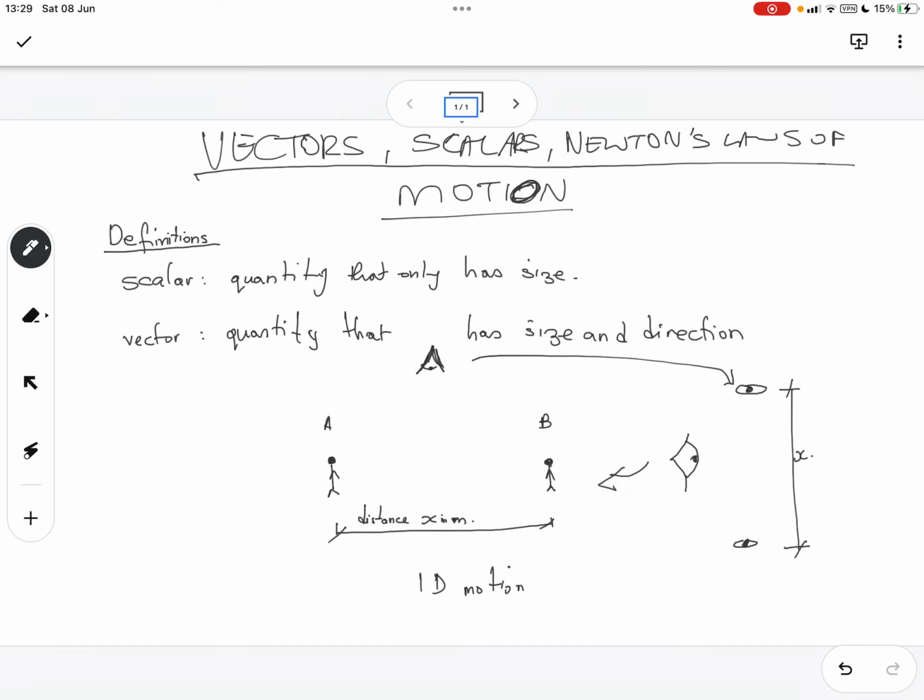And what the dimension means, what is the dimension? Define dimension.